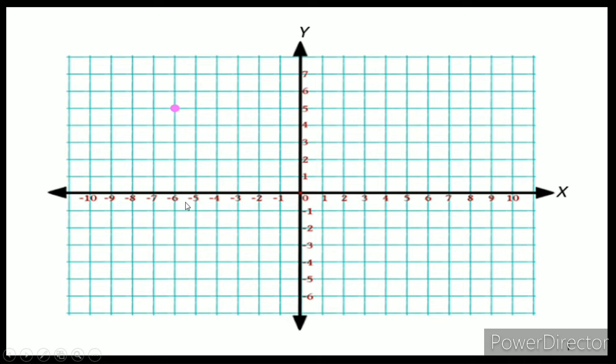Since it is negative, we have to move to the left of the x-axis. Then 5: 1, 2, 3, 4, 5 upward. Since 5 is positive, we have to move upward of the y-axis.